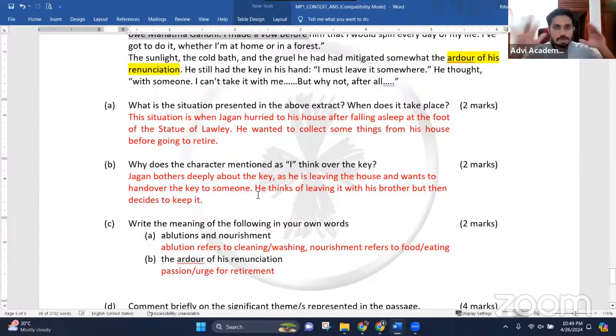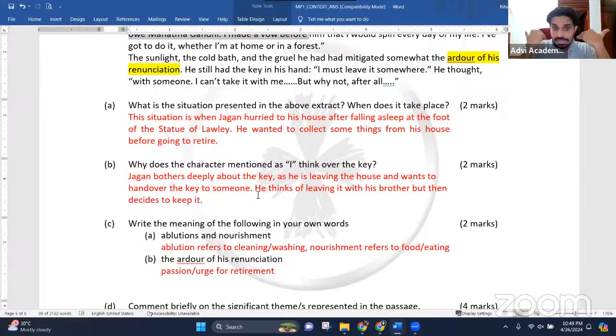So if you really don't know the meaning, you can say, okay, think of the sun like a bath, removing something you have, like, let's say his smell. The bath would have removed his smell actually. So you can write something to do with removing something. To be honest, it's about how he wanted to retire, but now that he has done all of these, he has second thoughts. Okay, that's what it means.